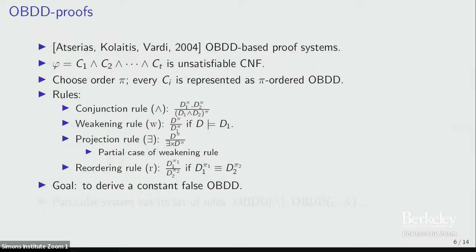All these rules can be efficiently verified using the properties of OBDDs. There are a lot of proof systems defined by this definition. We can use different sets of rules, and we put them in brackets, and consider some partial cases of them.